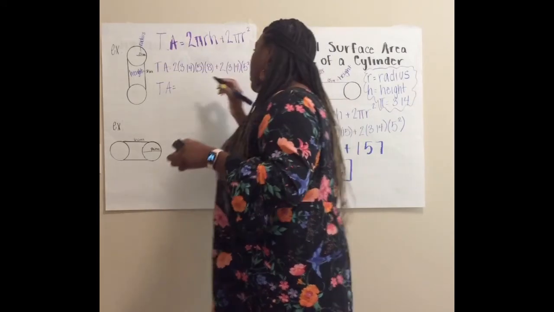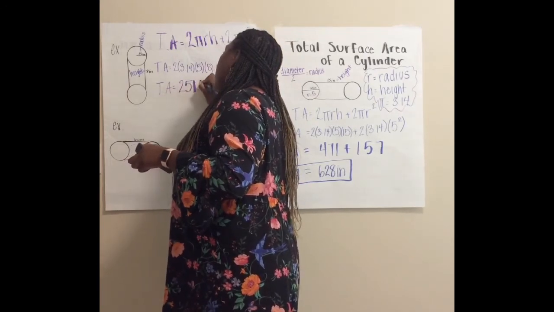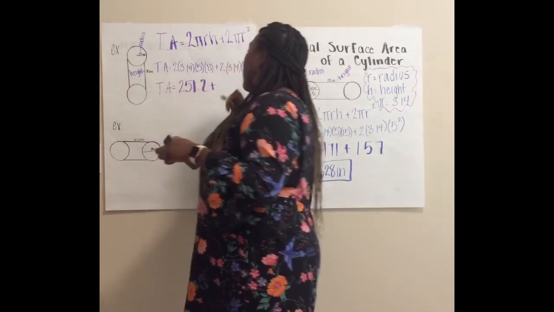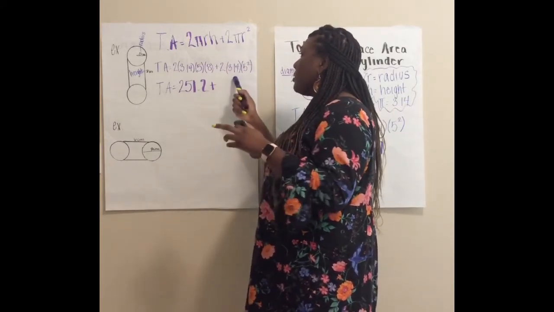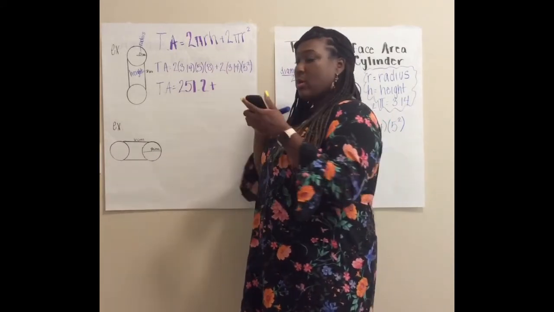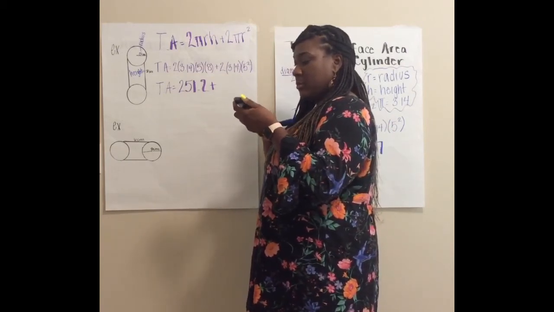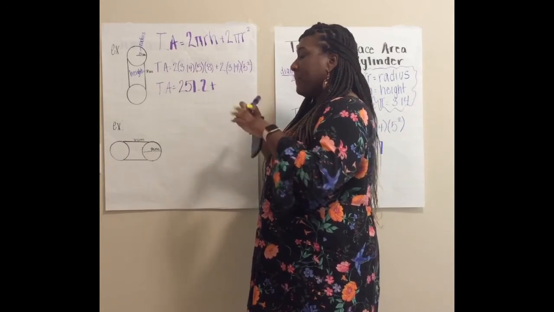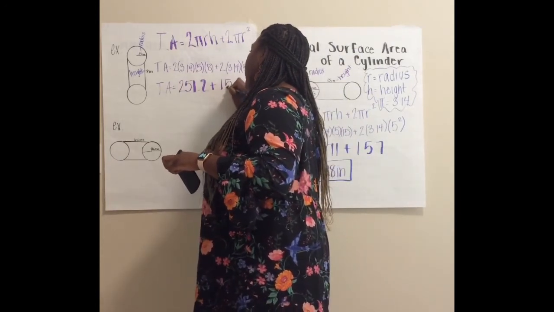When you did that, you should have got 251.2. Bring our plus down. Now multiply this: 2 times 3.14 times 5 squared. I got 157.